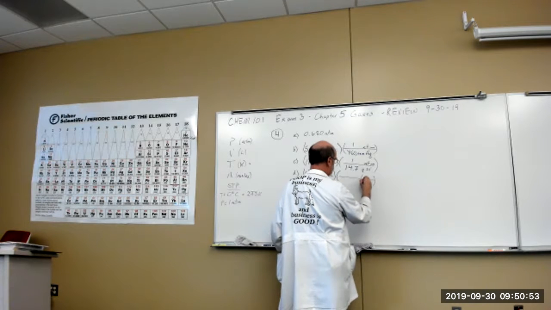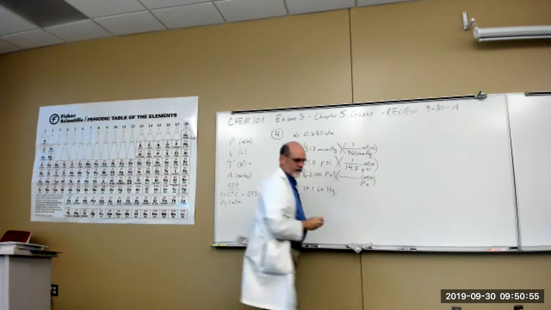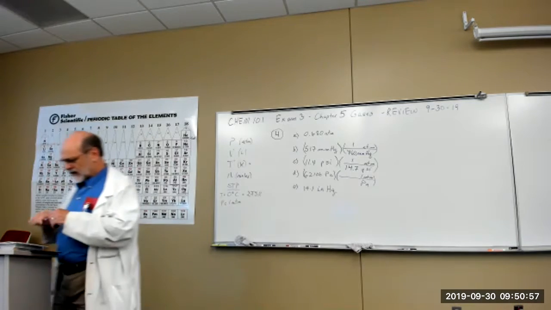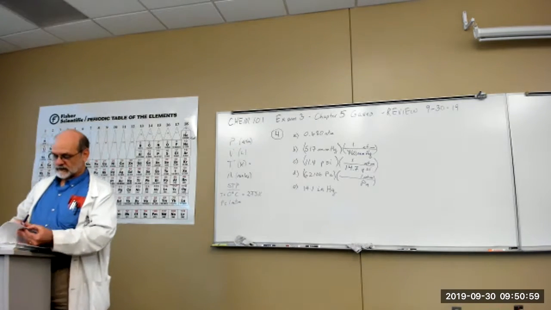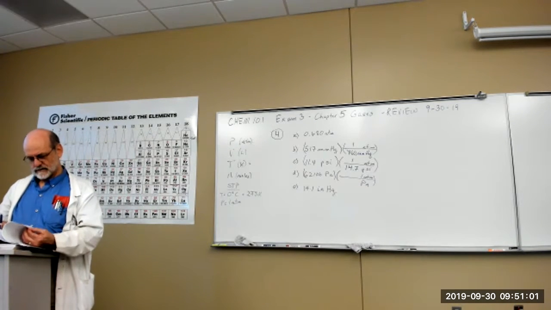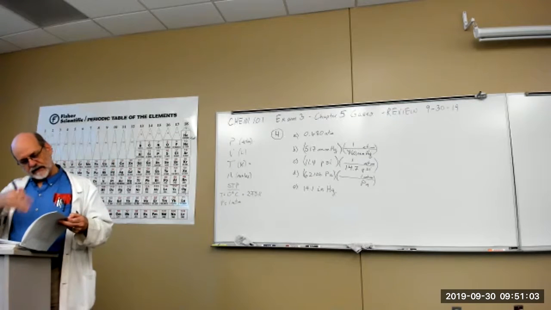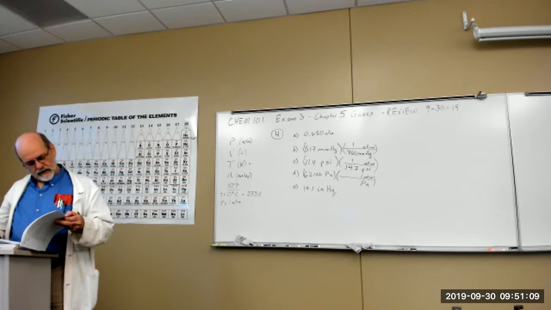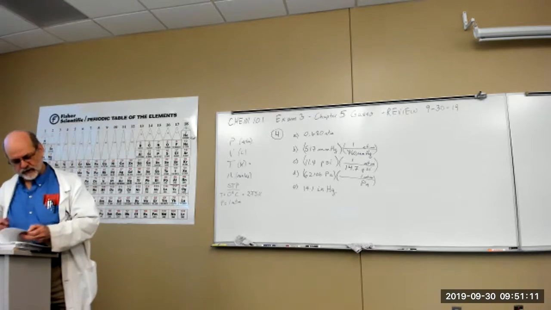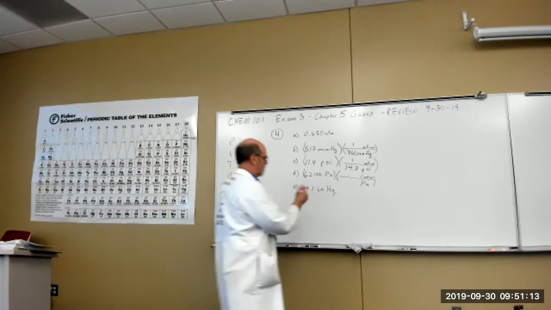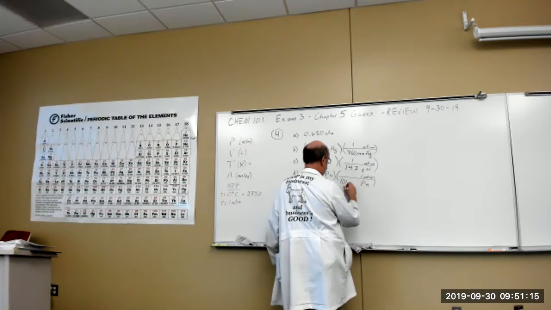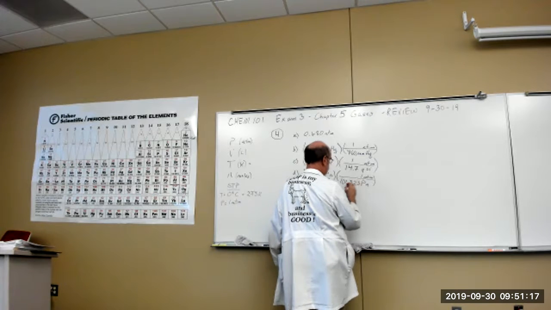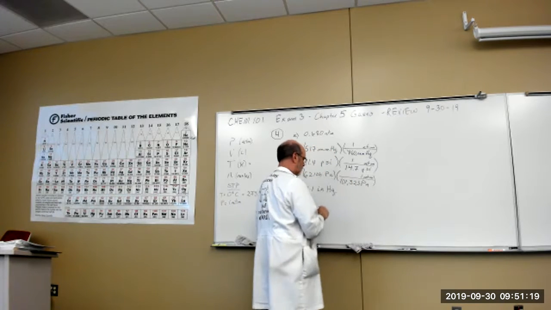How many pascals in 1 atmosphere? Hopefully, I've included that in the useful information, so let's check to be sure it's there. Okay. Down the left-hand side, it should be somewhere along there. Yep. 101,325. 101,325 in 1 atmosphere.